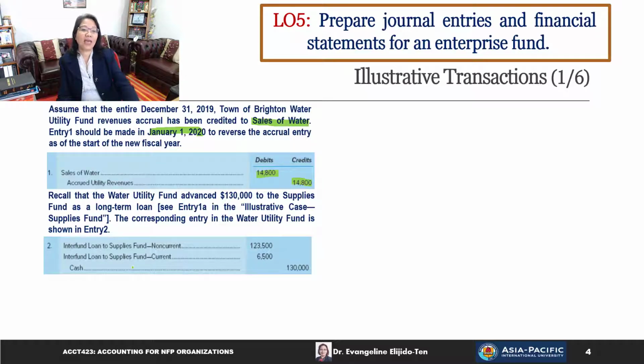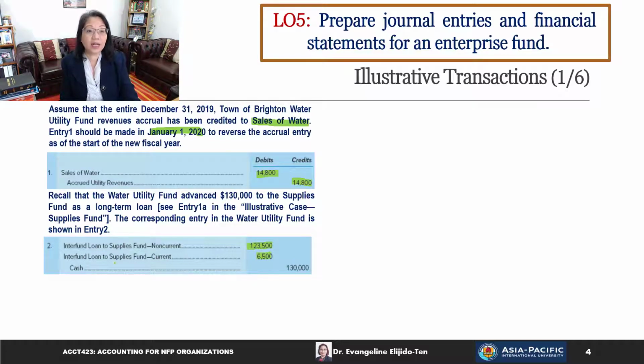So the journal entry in the water utility fund would be to debit inter-fund loan to supplies fund, non-current, 123,500, and the current portion, 1/20th of 130,000, will also be debited to inter-fund loan to supplies fund, current, 6,500.